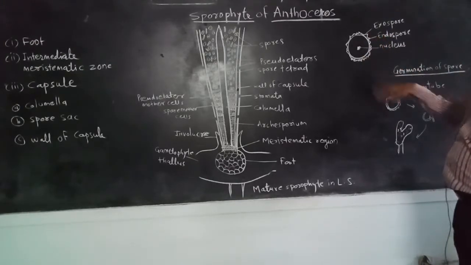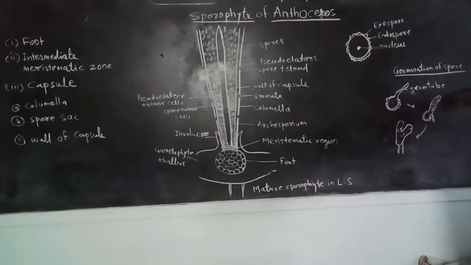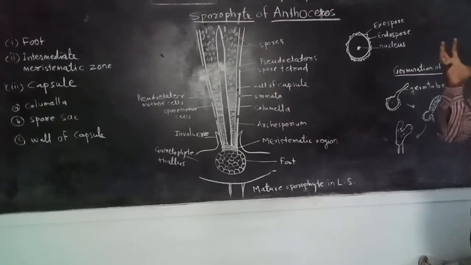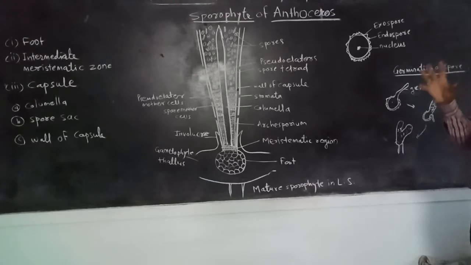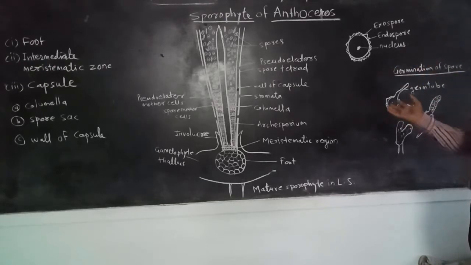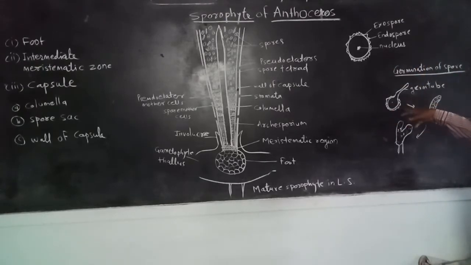Then the germination of the spore. When spores fall on a suitable substratum in favorable environmental conditions, they absorb water and swelling of the spore wall takes place. After swelling, the exospore breaks and the endospore comes out in the form of a germ tube.